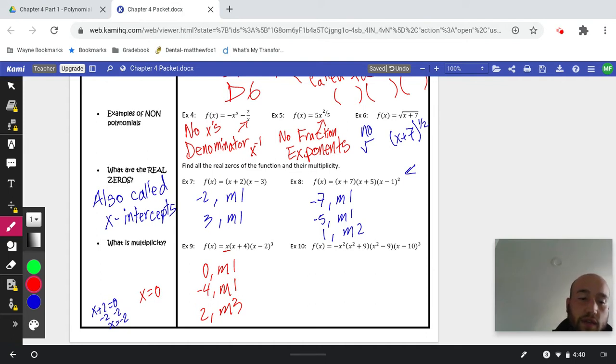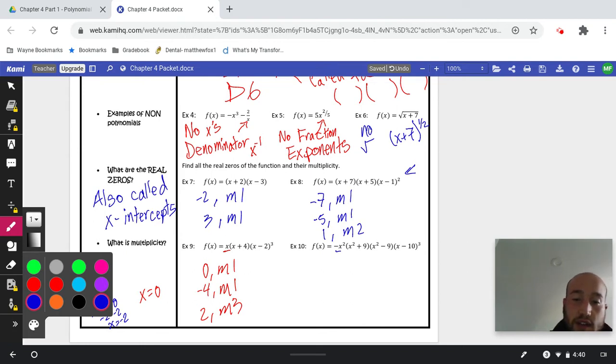So the final one here, we're going to start with the negative x squared. If I set that equal to 0, I would divide by negative 1 and then take the square root, and we're going to get 0. Now that one was squared, so that has a multiplicity of 2. Now the next one, x squared plus 9.